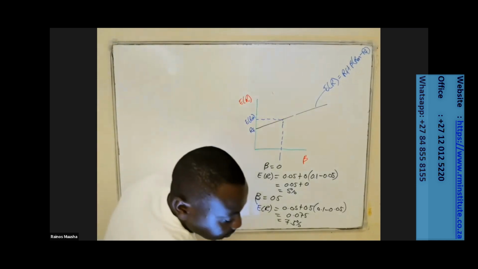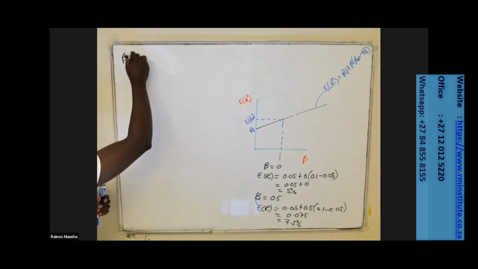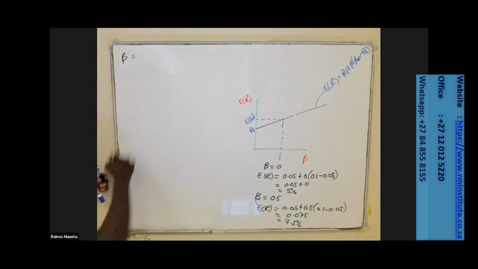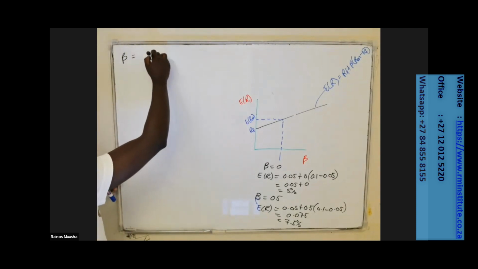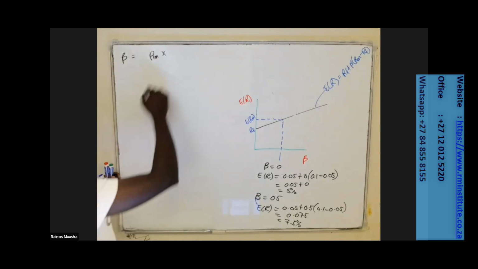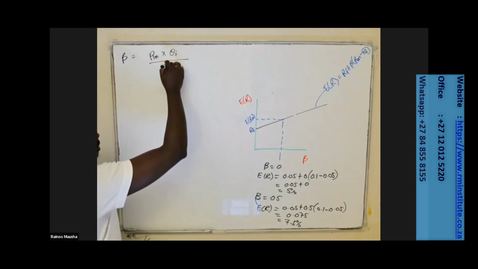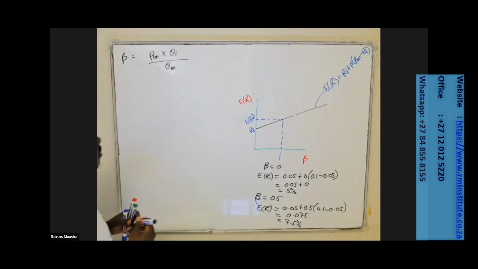Take note of this, that the beta of a security is given as the correlation coefficient between the security i and the market multiplied by the standard deviation of the security divided by the standard deviation in the market.